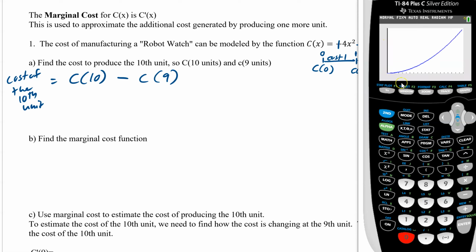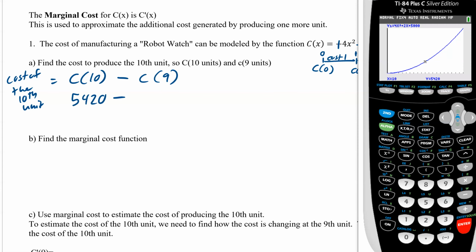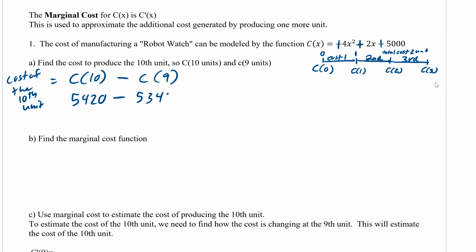So now we can find the cost of any value in here. So if I hit trace and 10, that's my cost for 10 units, so 54.20. And if I hit trace 9, it tells me my cost for 9 units, 53.42.